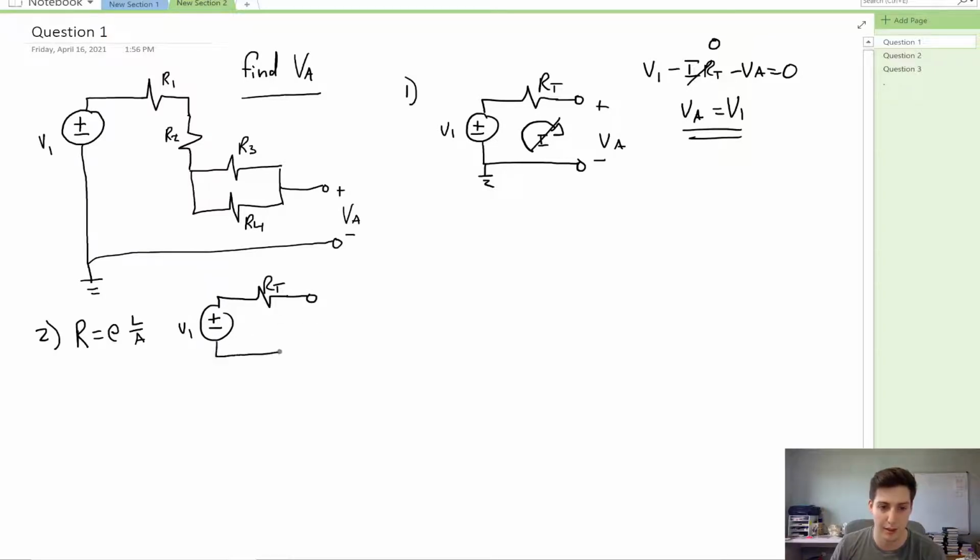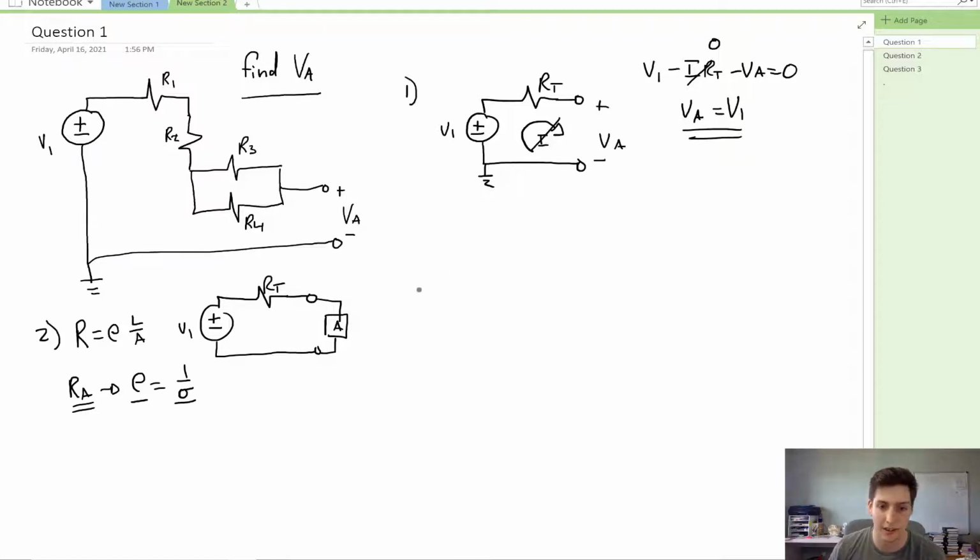And then we can just make a box and call it A. And if we want to know what RA is, well, we assume that we have an air gap here, and we know that the resistivity is equal to the inverse of the conductivity, and the conductivity for air is extremely low, which means our resistivity is extremely high. So we know that RA is going to be huge compared to RT.